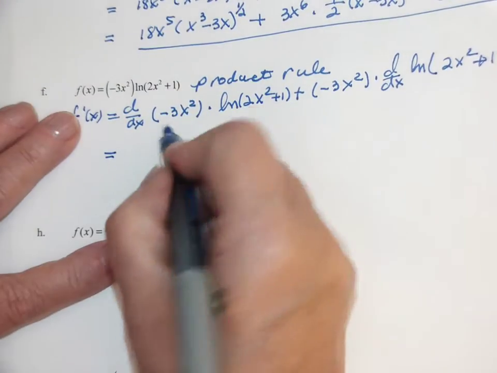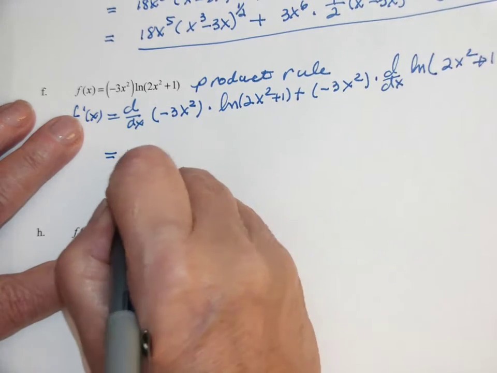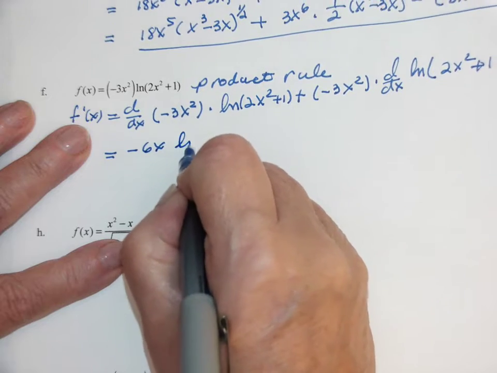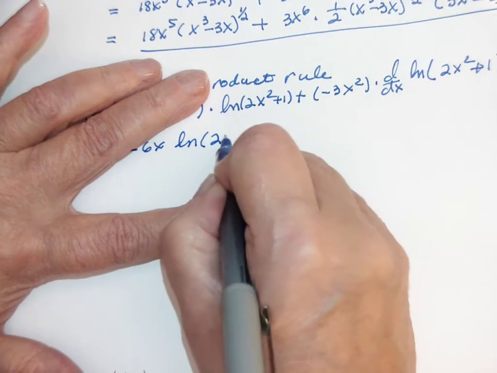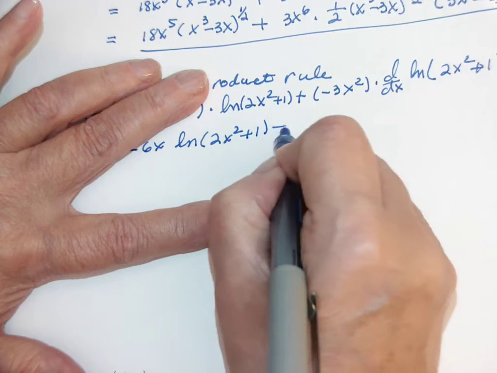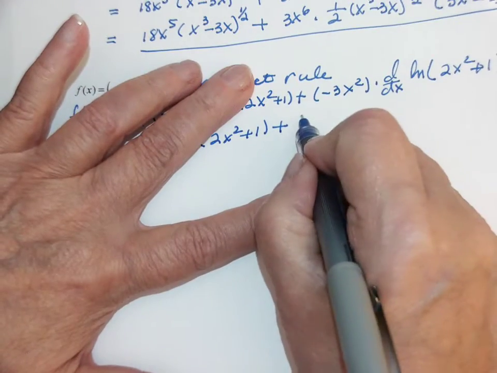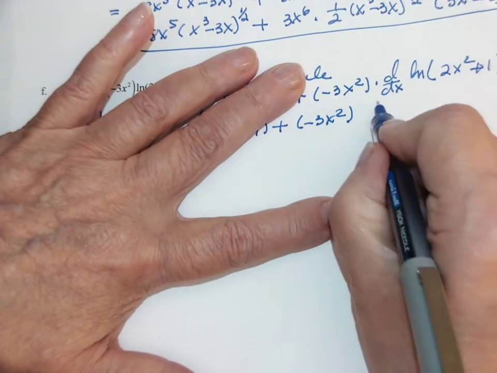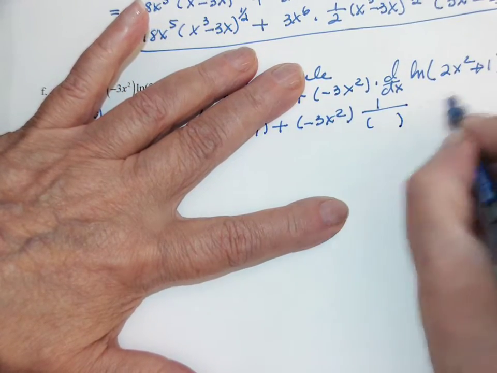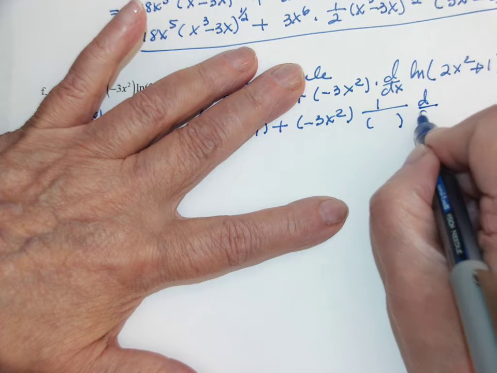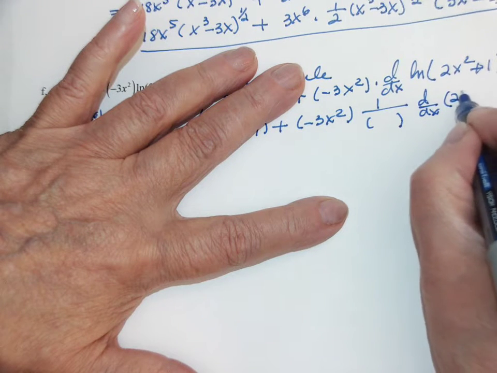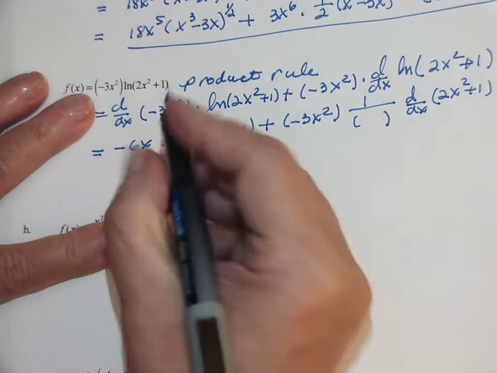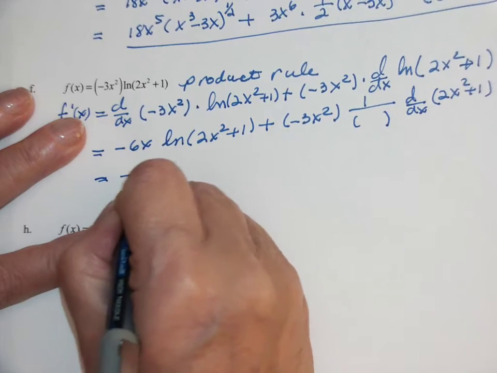So I've got dx's, so the derivative of the first is negative 6x. That's power rule. And I don't do anything with the natural log. And then this becomes a negative 3x squared. Now, what's the derivative of the natural log? 1 over the blob times the derivative of the blob, which is negative 6x.